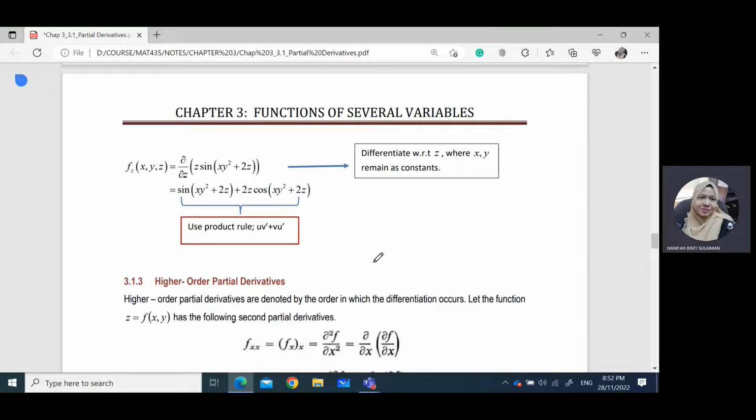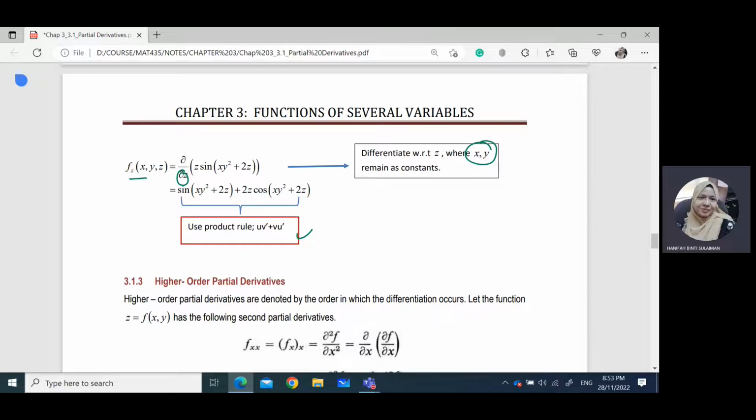Okay, for the last one, derivative with respect to z. So with respect to z, this means that x and y remain constants. So x, y will be constants. So we focus on z. Alright. So for this part, since we have z multiplied with sine of xy squared plus 2z, here we use the product rule.